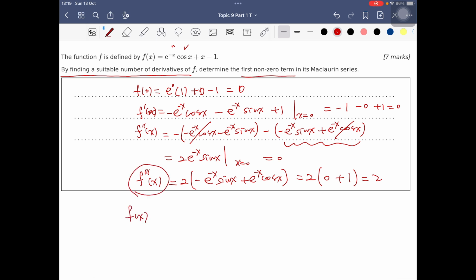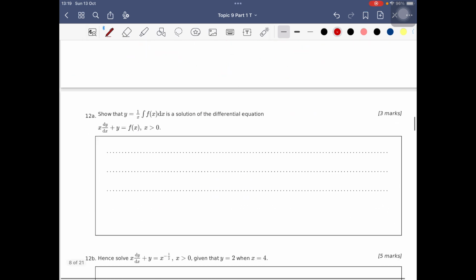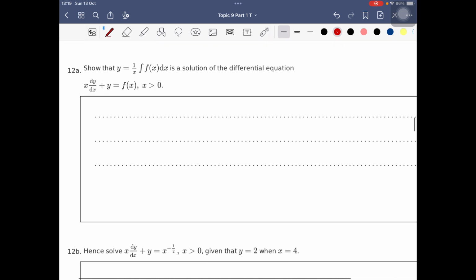So f of x is 1 over 3 factorial times 2x cubed. So 6x cubed, 1 over 3 x cubed. And this is the solution of the differential equation.